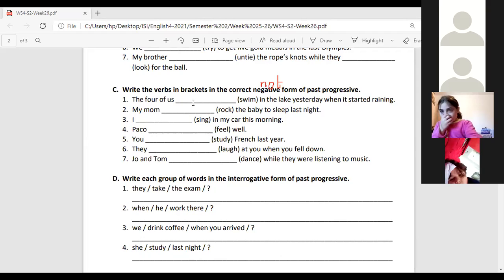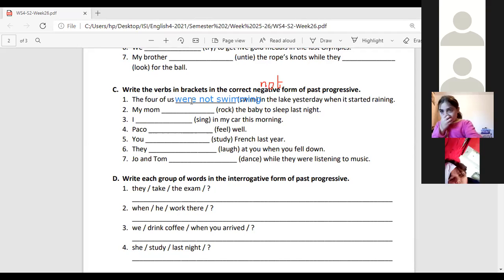We say the four of us were not swimming. Yeah, Amal. Since I said negative, you have to say we're not swimming.